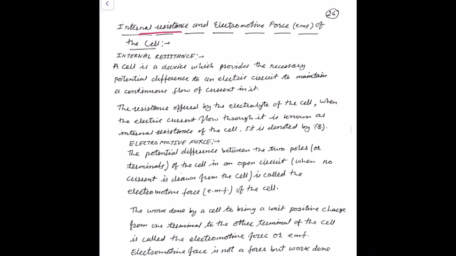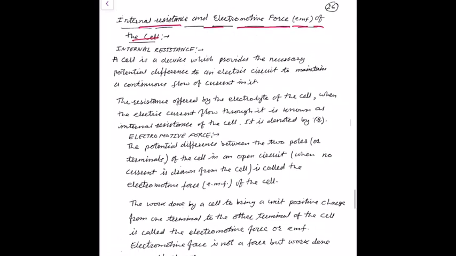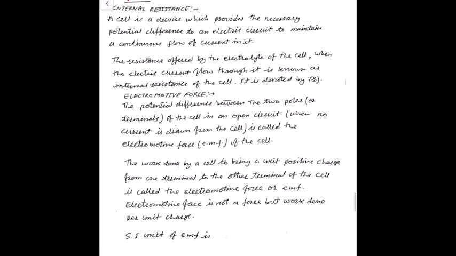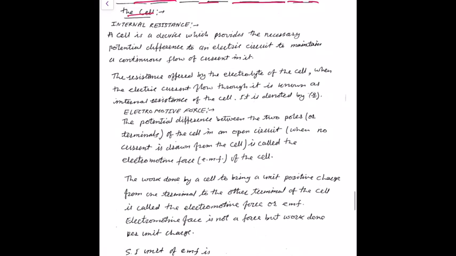Next, internal resistance and electromotive force, means EMF of cell. First, internal resistance. A cell is a device which provides the necessary potential difference to an electric circuit to maintain a continuous flow of current in it.